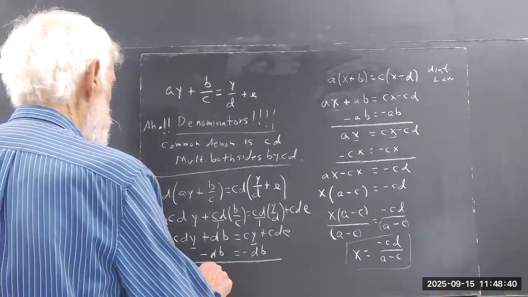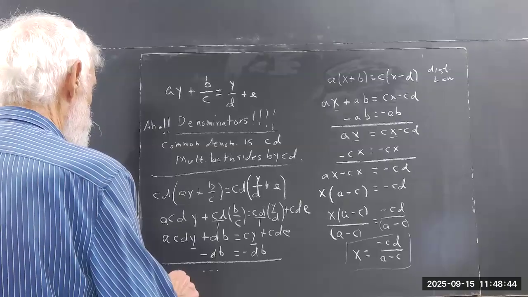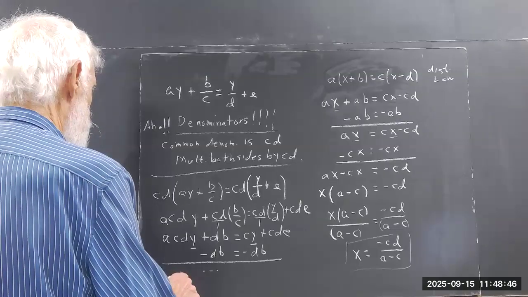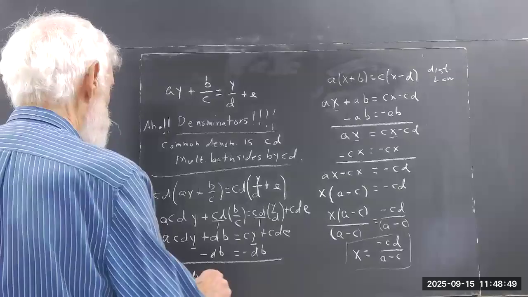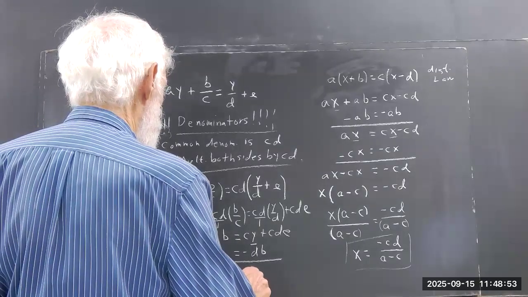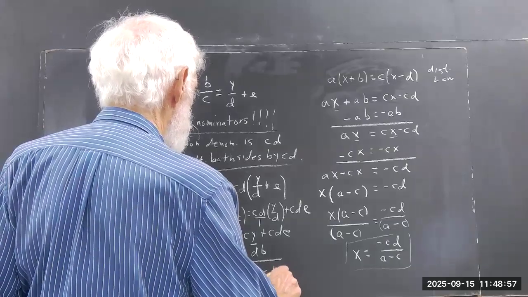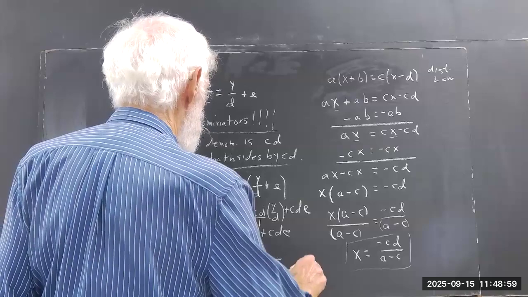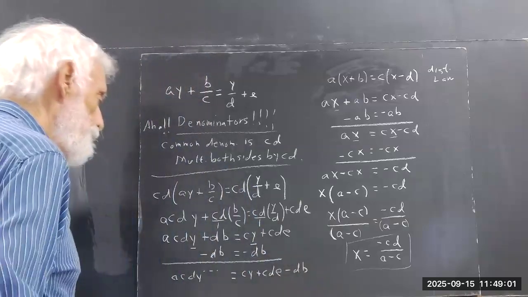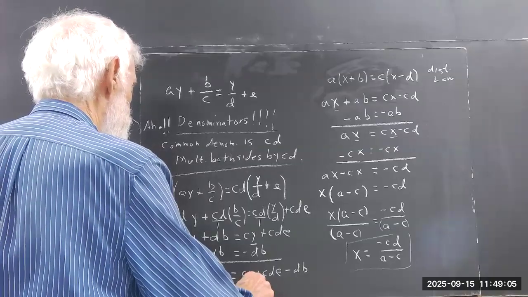So I'm just going to put a little ellipsis here, 3 dots, and say that, okay, we've got ACDY equals CY plus CDE minus DB. Our Y's are on both sides.